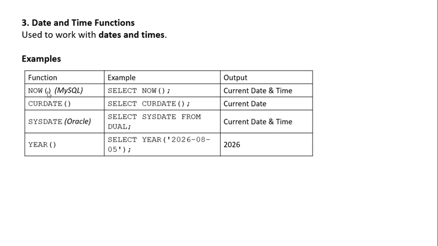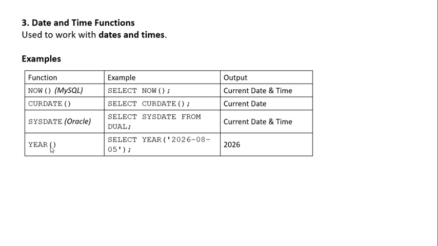The function NOW in MySQL: SELECT NOW(); with a semicolon, which shows the current date and time. CURDATE is the current date: SELECT CURDATE(); with open and close brackets and a semicolon. And SYSDATE is in Oracle, where sys means system date: SELECT SYSDATE FROM DUAL; so the current date and time are shown.